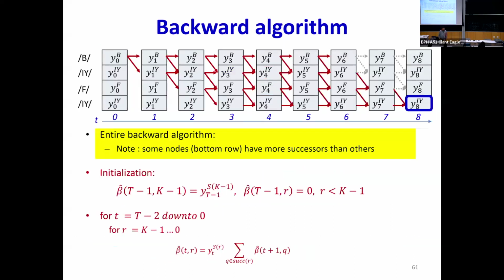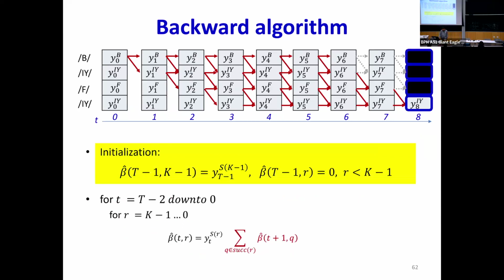The rest of the computation is simple. I can start off at the bottom right node, and I know the beta hat value for this bottom right node, which is simply the probability for the node. And now again, note that the betas at each column are computed using the betas at the next column, right? So I have the beta here, and I know that the betas for all the blacked out boxes have to be 0 because the final node in the path cannot be those boxes.